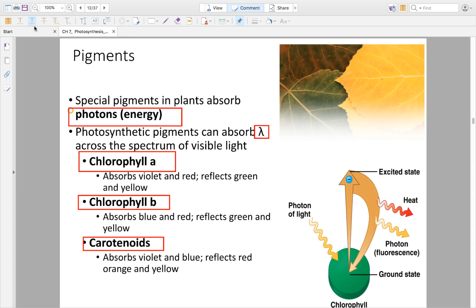Chlorophyll A can absorb violet and red light, however, it reflects green and yellow. Therefore, this is why most plants look green, because chlorophyll A reflects.